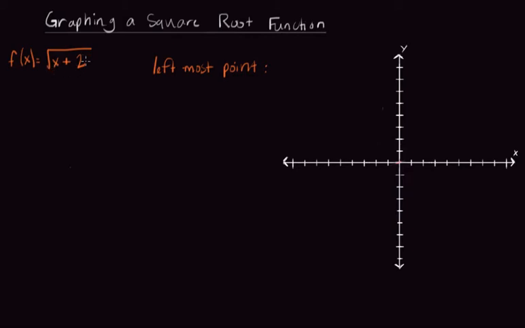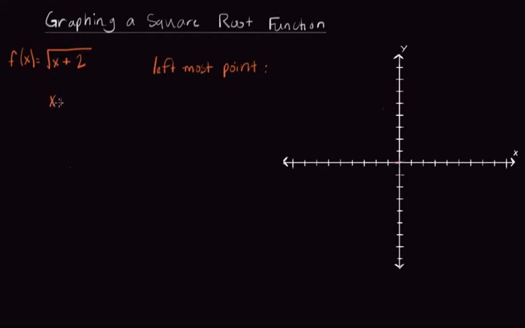The stuff under the square root can't be negative. So the leftmost point is going to be the point where the stuff under the square root is equal to 0.